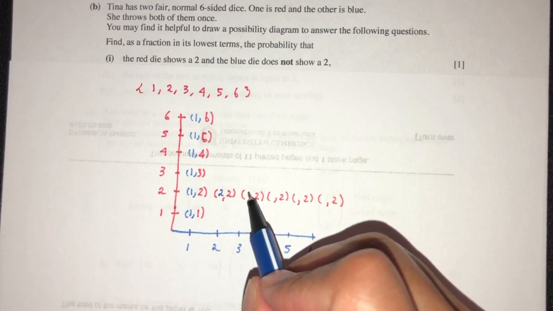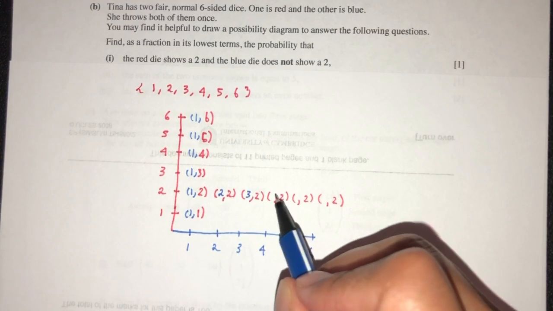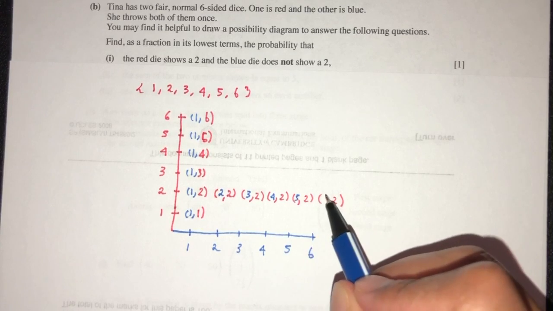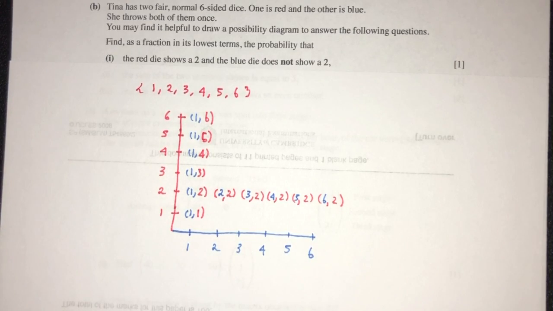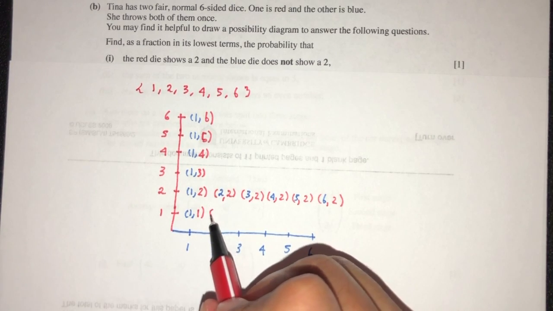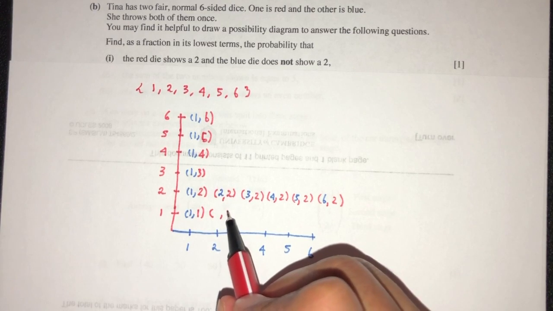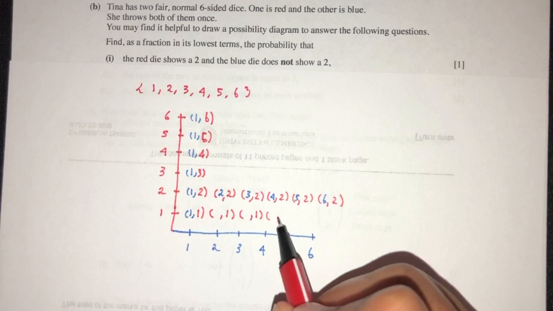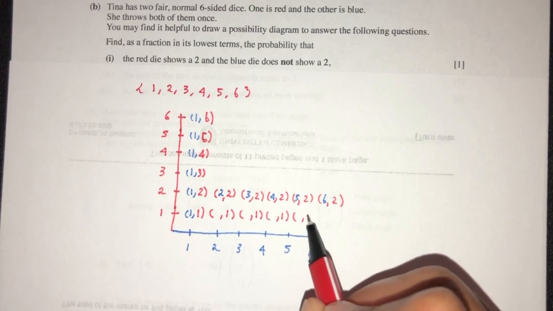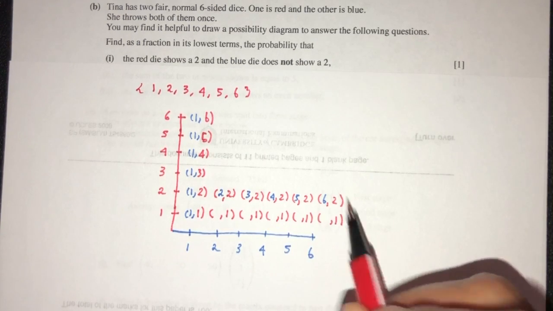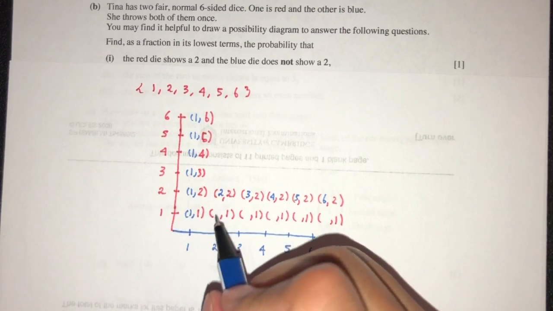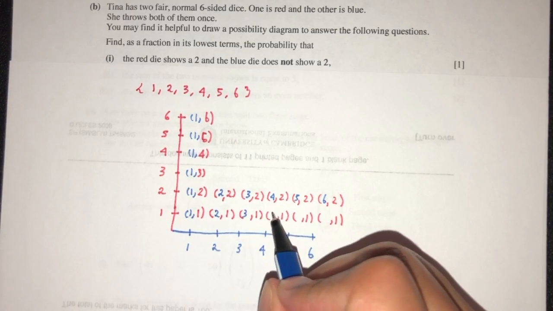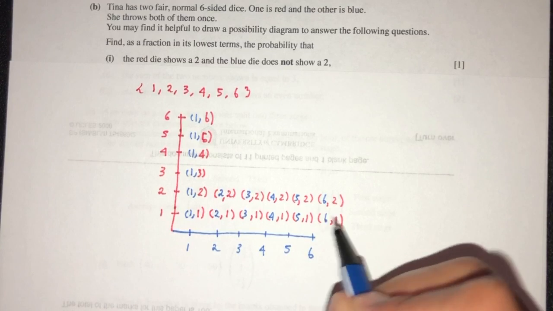That will be 3, 4, 5, and 6. Let me actually complete everything because it will be helpful for you guys. These are the possible outcomes, right? This will be 2 here, 3, 4, 5, 6.